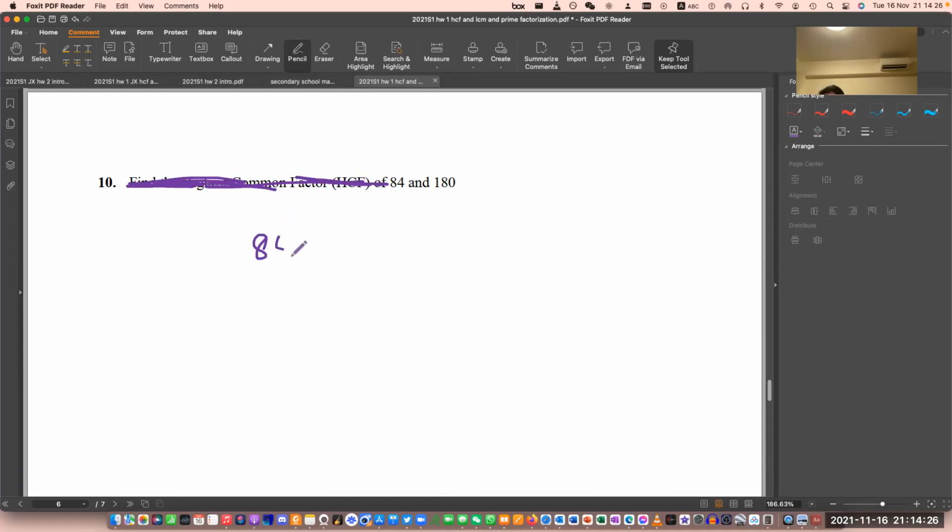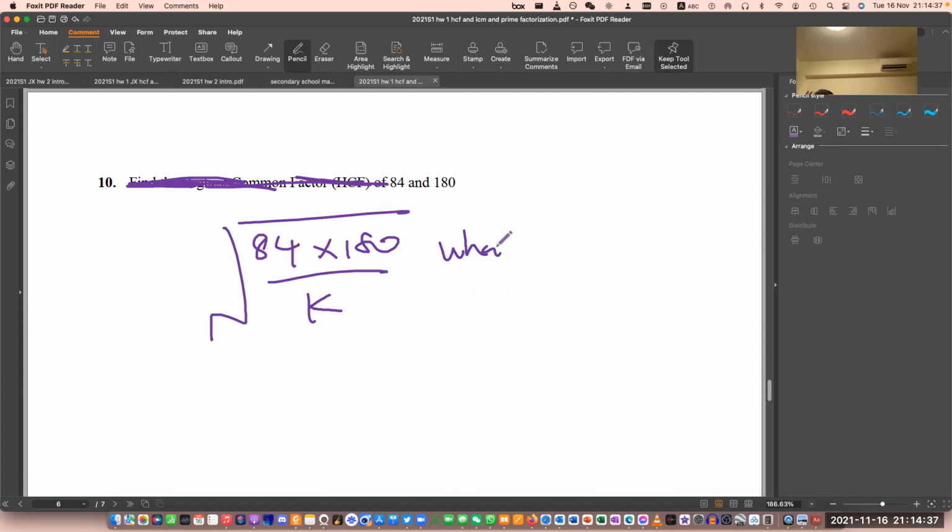You have 84 times 180, divided by k so that it can be square rooted. So what is the smallest k? This is a very popular exam question.